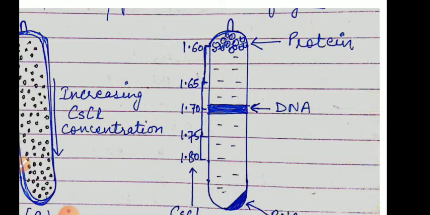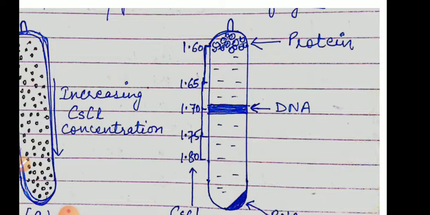The cell lysate placed here contains proteins, DNA and RNA. At the same time, all three macromolecules will get separated and form bands at different positions. At what place will a macromolecule form a band? The place at which the density of the molecule matches or is equal to the density of cesium chloride.